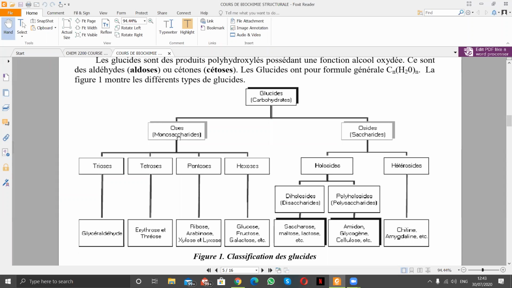The monosaccharides cannot be broken down because they contain one unit. Glycosides, in short, are simply complex carbohydrates, which may contain nitrogen, phosphate, or sulfur in them.